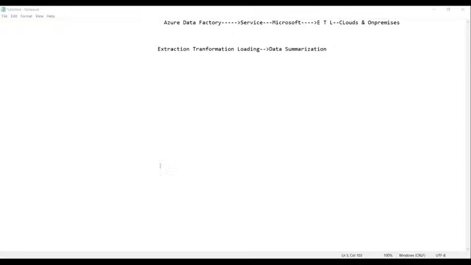Of course, you can say so, but technically we don't call it an application. Sir, what is the difference between service and application?